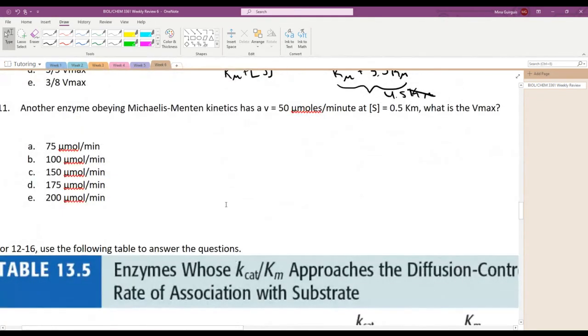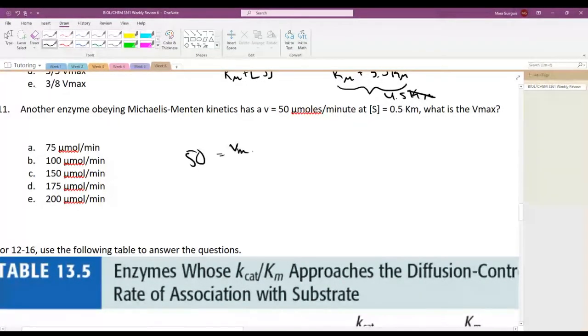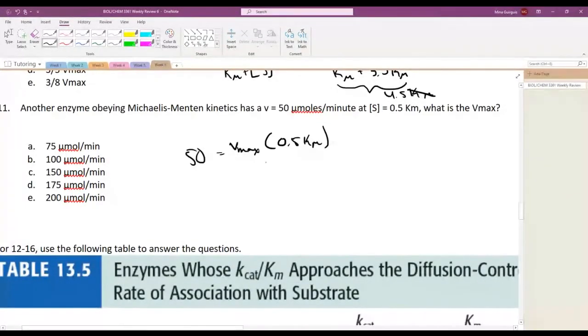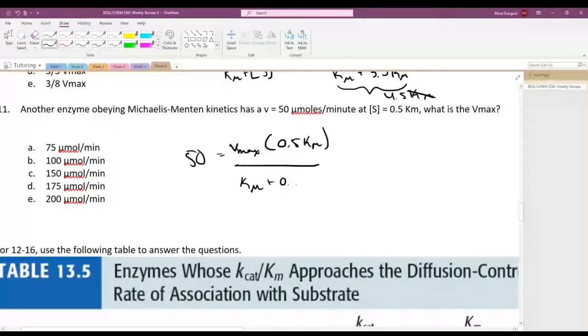Here's another. For an enzyme with Michaelis-Menten kinetics that has this V at this substrate concentration, what's the Vmax? I'm just going to go ahead and plug those in. So I have 50 equals Vmax times 0.5 Km over Km plus 0.5 Km.